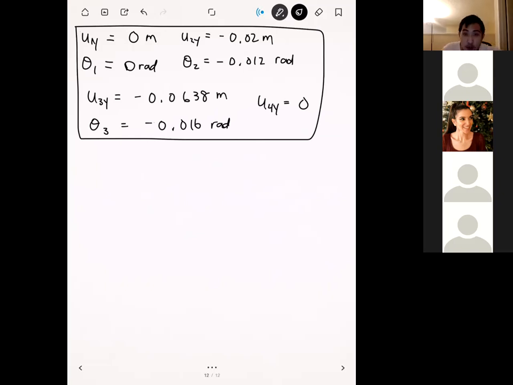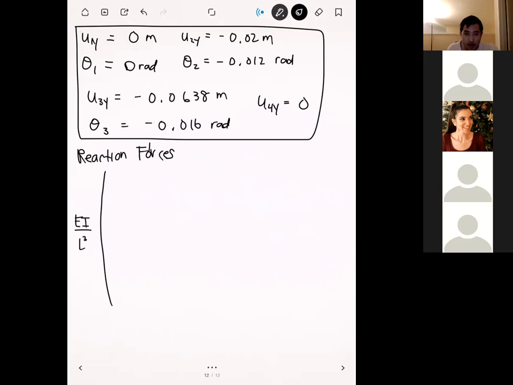Right, so now that we have our displacement solution, we can plug this back in and solve for the reaction forces. Remember, we're going to have our global stiffness system before we apply the boundary condition.